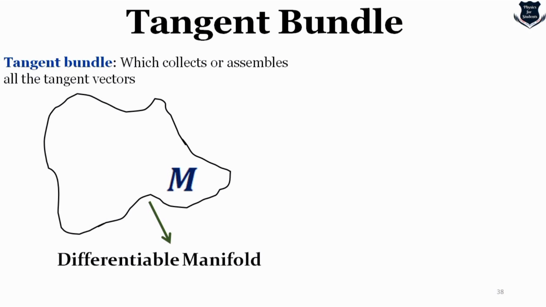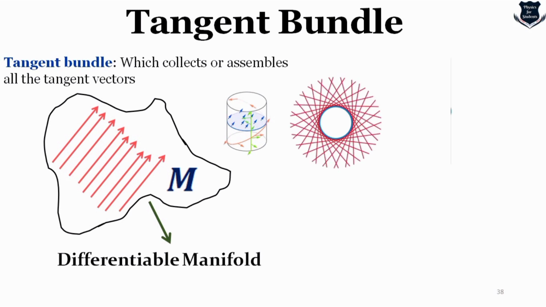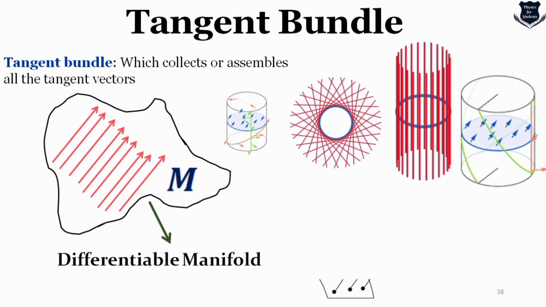I am coming to that next. Let us just understand this is a differentiable manifold, and these are all the tangent vectors which are going along the manifold. So it is just a bundle, like a bundle of sticks. It's a collection of all tangent vectors. So these are further figures, and each of these figures you will see is a bundle.